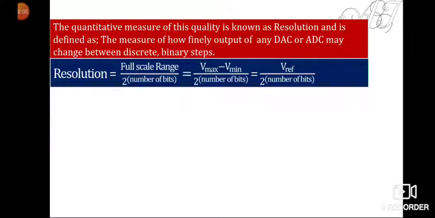They will be very helpful for certain numericals, so you can go through this. Resolution is full scale range divided by 2 raised to the power n, where n is the number of bits. Let's say if I am using 2-bit quantization, then the number of bits will be 2. If I am using 3-bit quantization, then the number of bits will be 3, and so on. The full scale range, V max minus V in, and V reference are almost the same quantities but represented differently in some cases. That is why I have represented 3 different formulas.